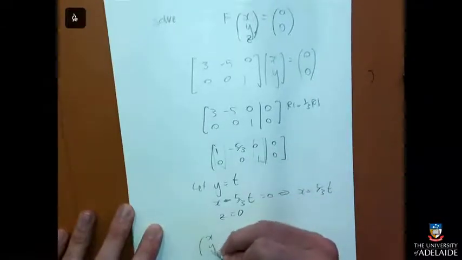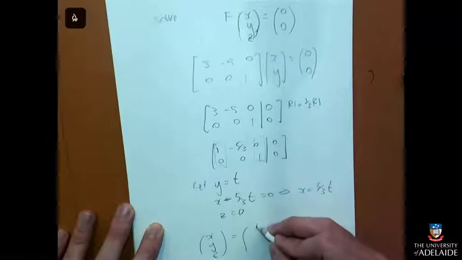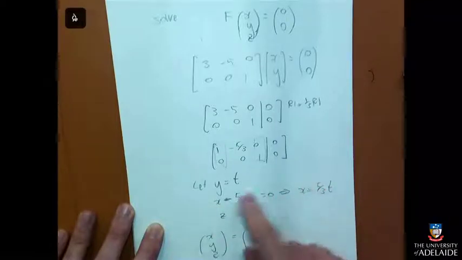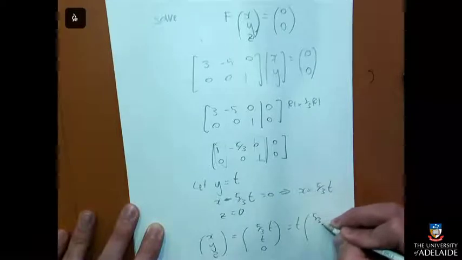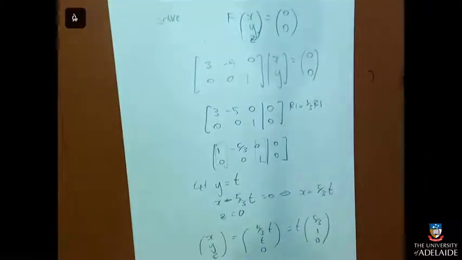And so x, y, z is 5/3 of t, t, 0. So the x is 5/3 of t, the y is t, and the z is 0. Ta-da, I have now found every possible vector that comes out to 0 when I put it into the function.